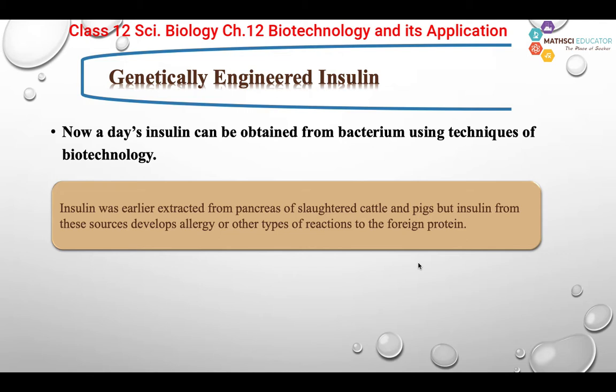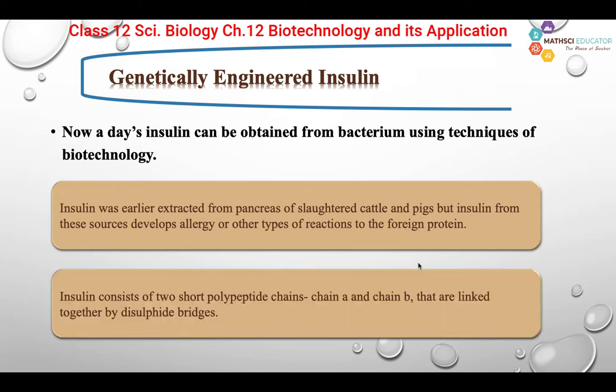But insulin from this source can cause allergy or other types of reaction to the foreign product. Also, insulin consists of two short polypeptide chains, chain A and chain B, that are linked together by a disulfide bond.